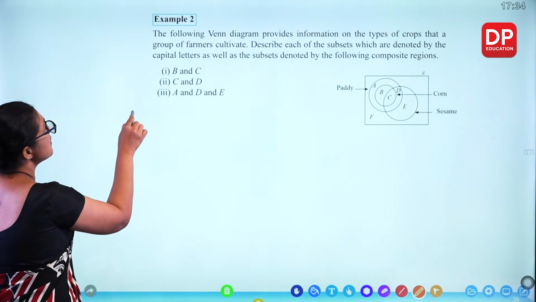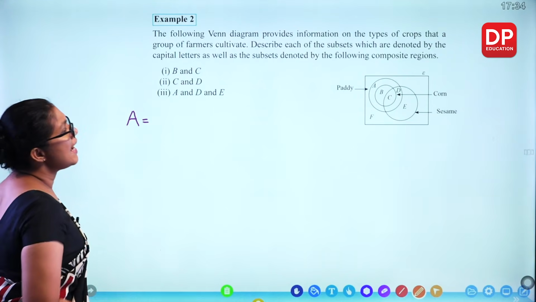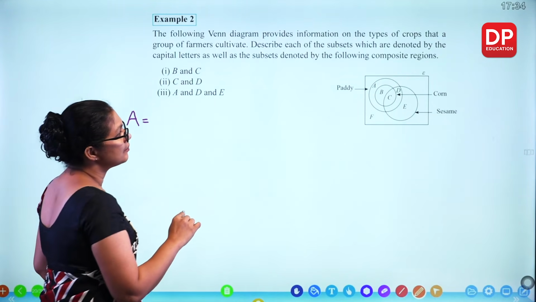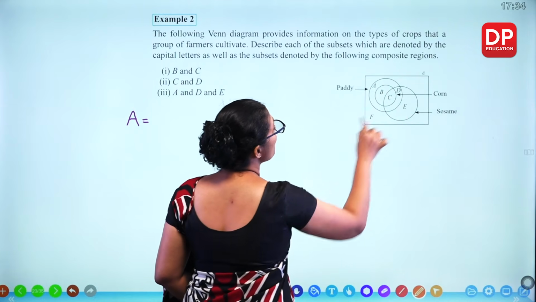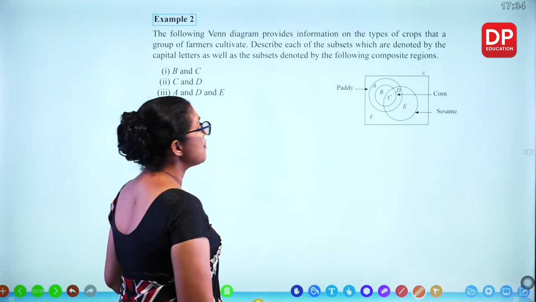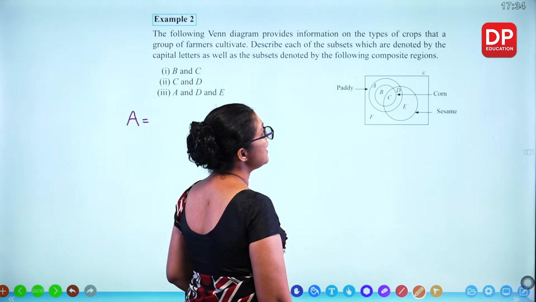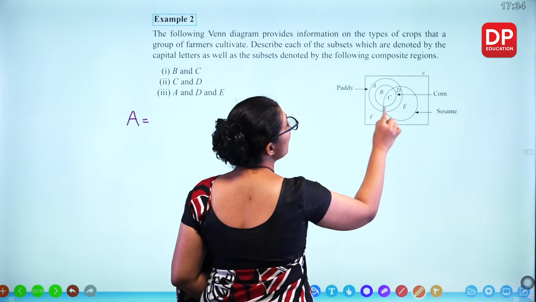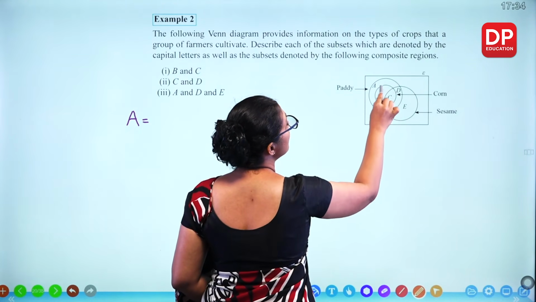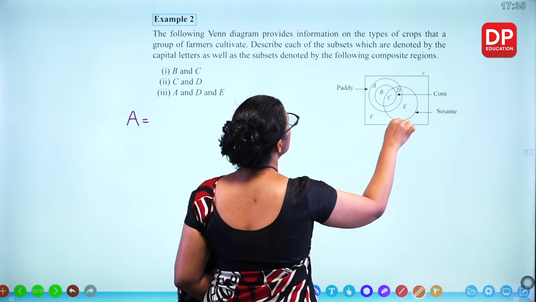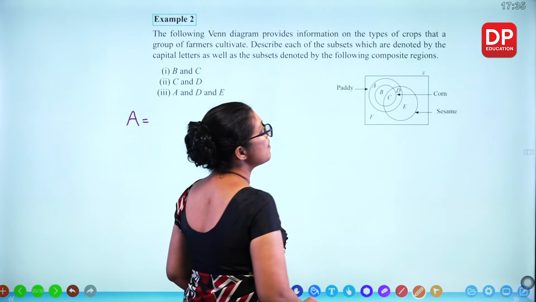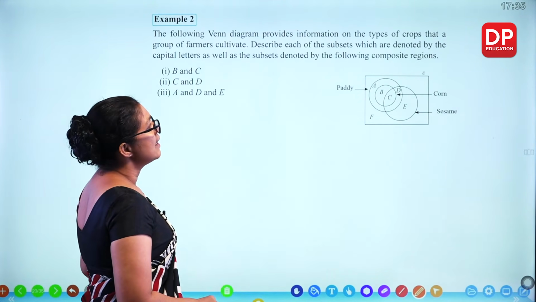I'll first write down what A is. A means this region. That means inside paddy, but not corn and not in sesame.